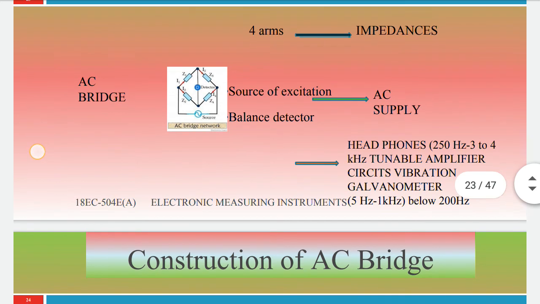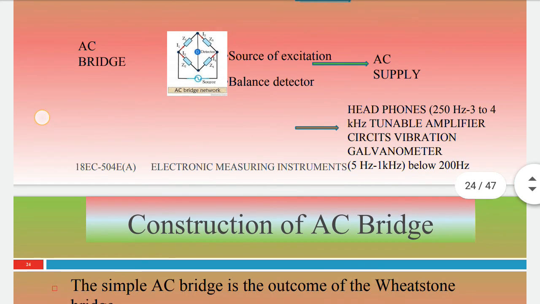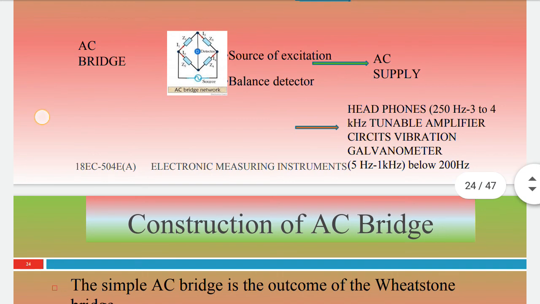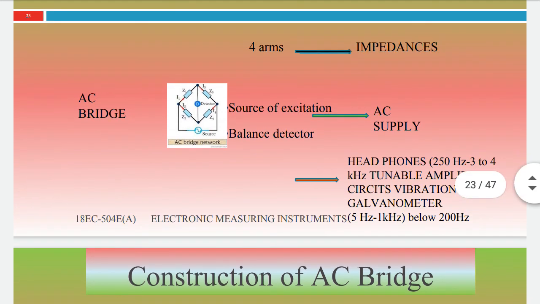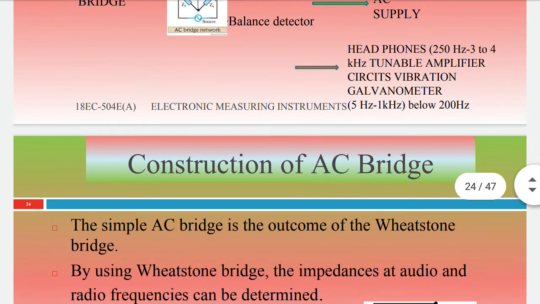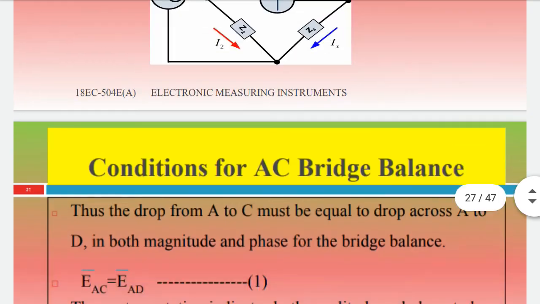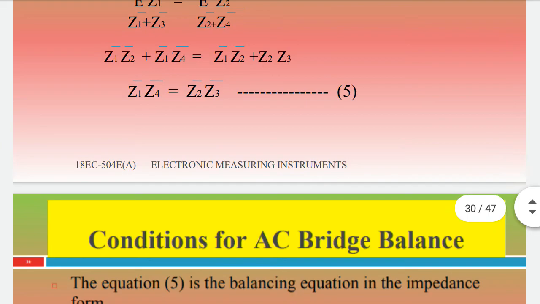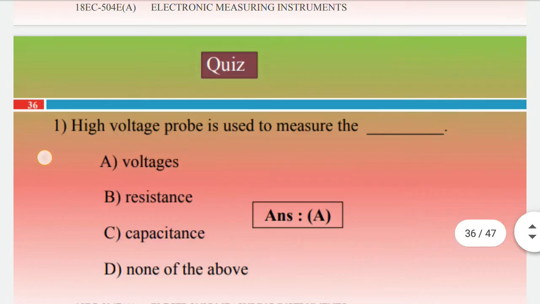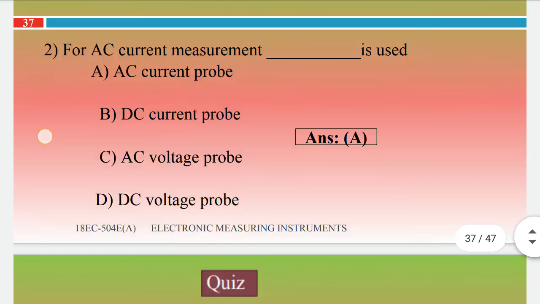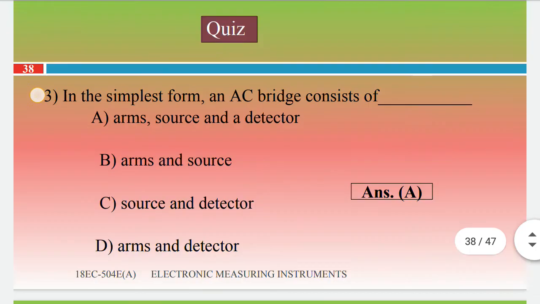And for the balance detector we can use headphones, that is 250 Hz to 3 to 4 kHz, and tunable amplifier circuits and vibration galvanometers. So the correct answer for this question is source, arms, and detector. Okay, so the answer is A.